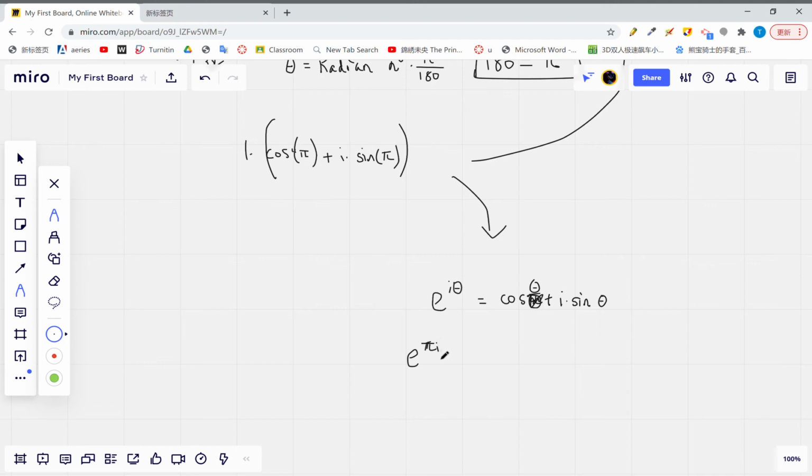Okay, so if e to the pi i, the factor of pi is not divisible by 2, so it's basically just like a single number, okay?